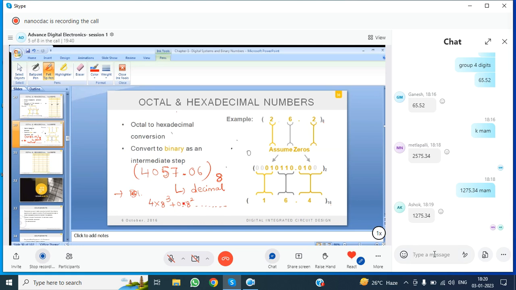Four into 8 power 3 plus 0 into 8 square, 5 into 8 power 1, 7 into 8 power 0. After the point, 0 into 8 power minus 1 plus 6 into 8 power minus 2. Finally, what are you getting?